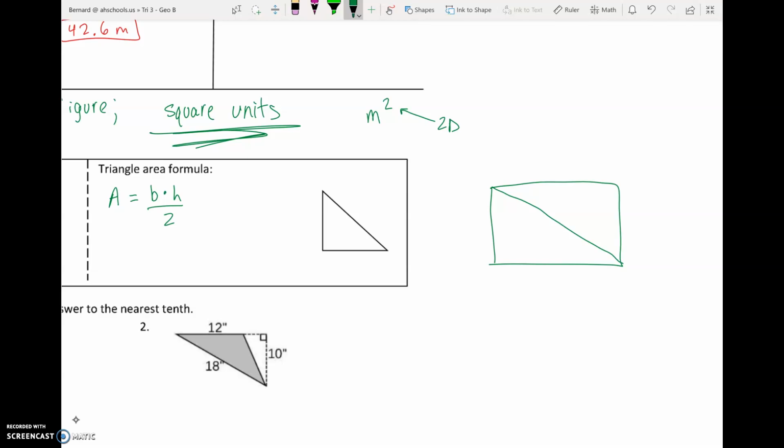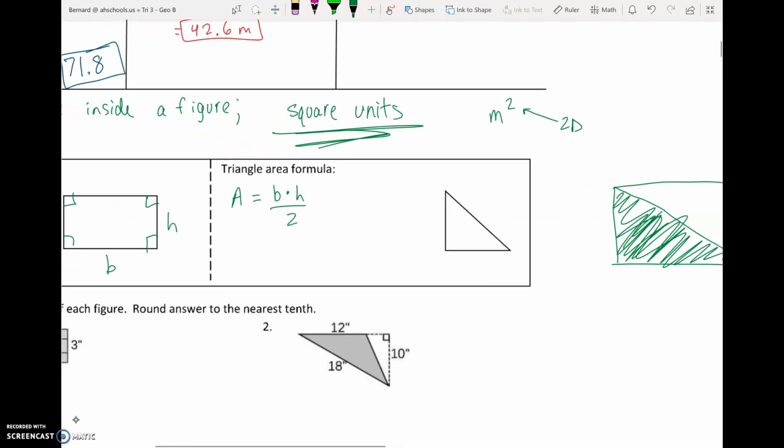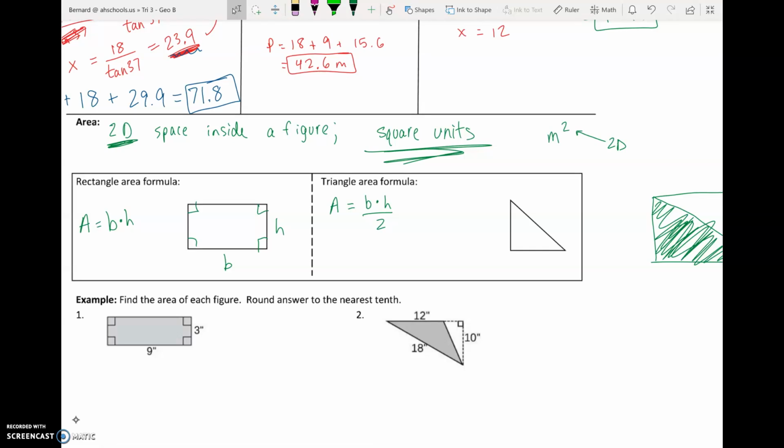And that triangle fits exactly half of the space that the entire rectangle area is taking up. This triangle is half of the rectangle area. And so, again, the formulas are the same, base times height, but since the triangle is half of the rectangle, the area is base times height divided by 2, and that gives you half.